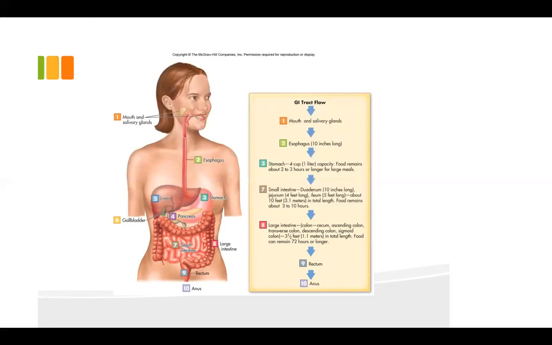The esophagus is the tube connecting the mouth to the stomach, and food will travel through the esophagus via peristalsis. Next, the stomach, which you all are probably pretty familiar with. The stomach can hold about 4 cups or 1 liter full. When it's empty, it's usually about half this size.